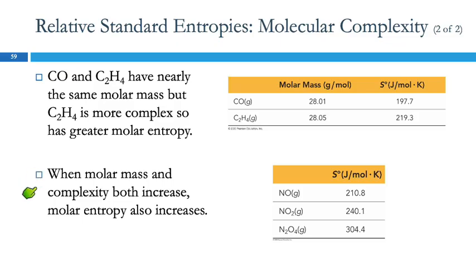If we have molar mass and complexity both increasing, then the molar entropy will also increase. So here, comparing compounds between nitrogen and oxygen, NO, NO2, and N2O4, we have molar mass increasing, but we also have the complexity increasing, and we see an increase in entropy.